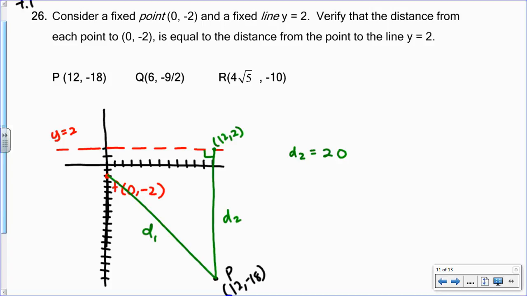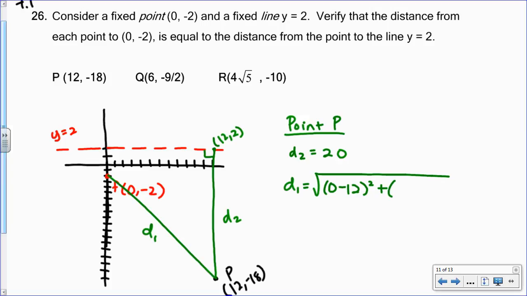And now distance 1, I have 2 points, so I'll use distance formula. So I'm looking at point P first. So I'll start with F, and I'll do 0 - 12 squared plus -2 minus -18 squared. So let's calculate just what's under the radical.